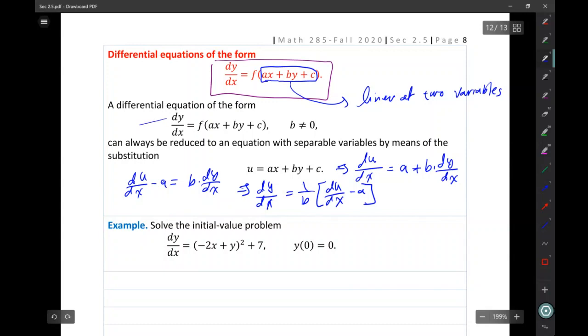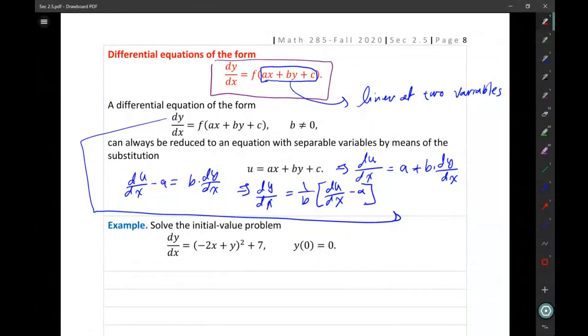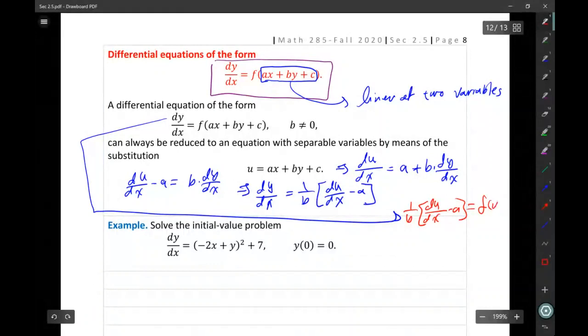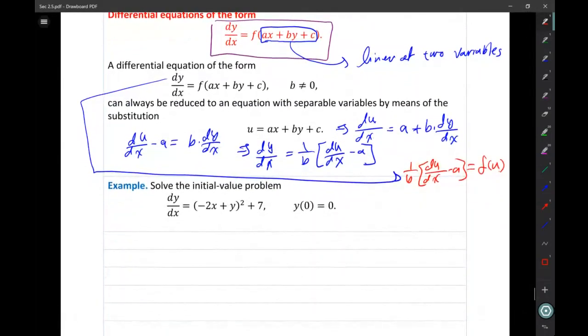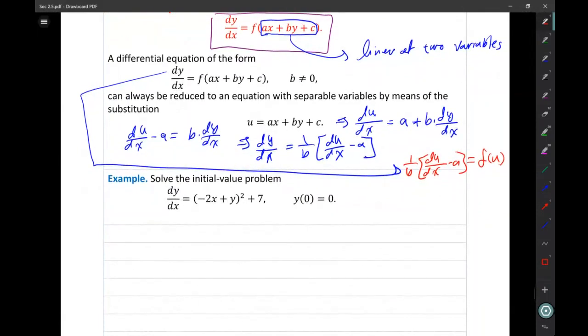So this differential equation, after this substitution, replace dy by dx by its value: 1 by b times du by dx minus a is equal f of u. Then you will solve it, in this case, either separable or linear. The method is very simple and straightforward.